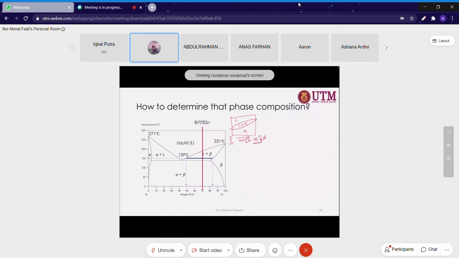In the example last time, we determined the phase composition by drawing the tie line like this.